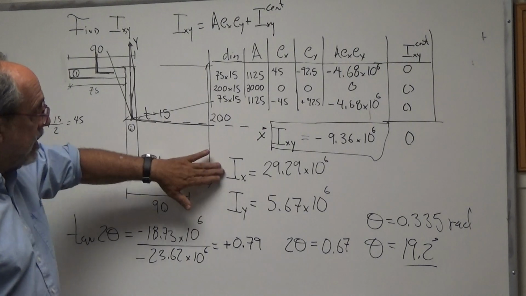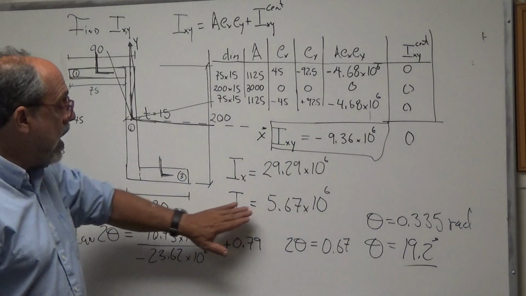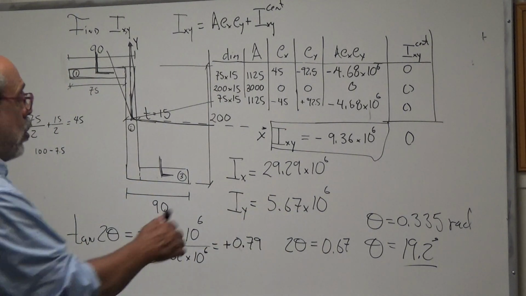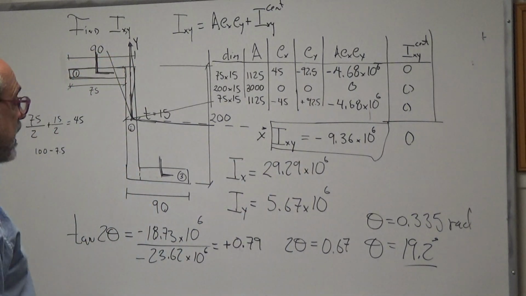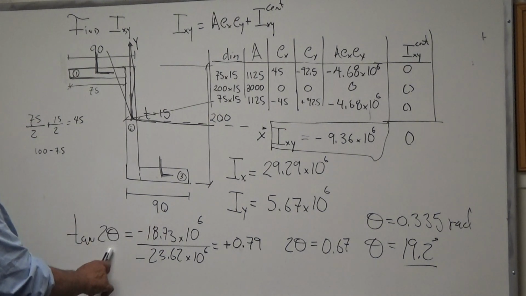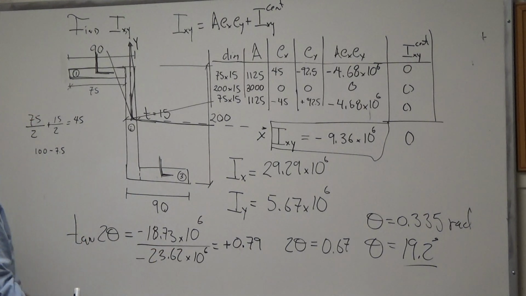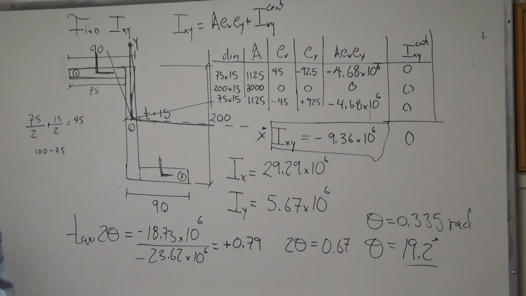And you should get that IX is 2929 times 10 to the 6, and IY is 567 times 10 to the 6. Once you know IX, IY, and IXY, then you can calculate what is the orientation of the principal axis. The formula is the tangent of 2 theta is equal to 2IXY divided by IY minus IX.